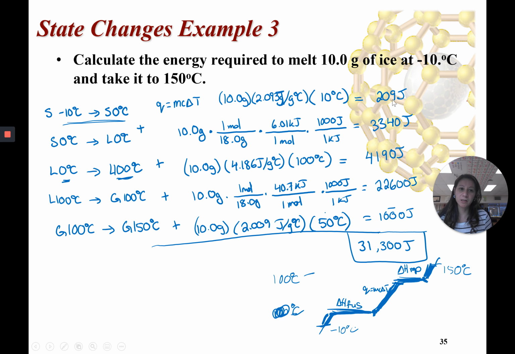And so this is to the ones, this is to the tens, this is to the tens, this is to the hundreds, this is to the hundreds, and so your answer should be to the hundreds as well. And so that would be the correct sig figs. It's a little bit tricky with the sig figs here, so with these ones where there's a lot of different steps, I will be a little bit more flexible with sig figs.